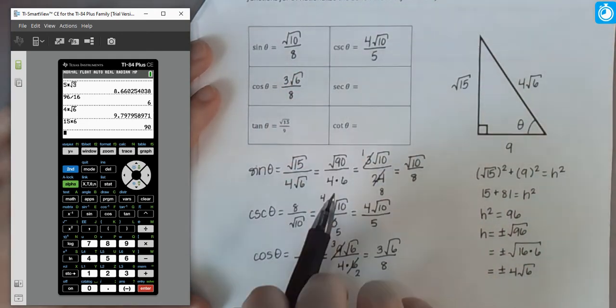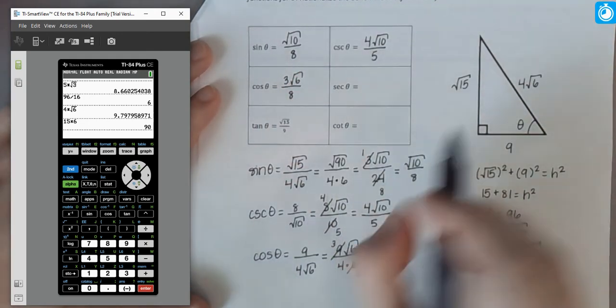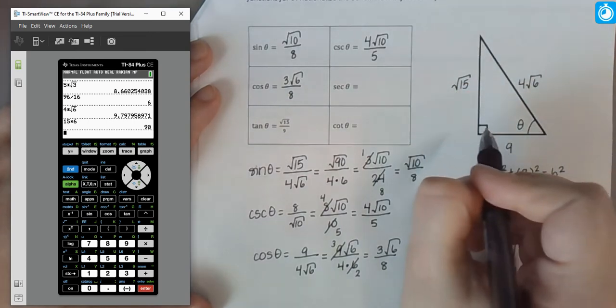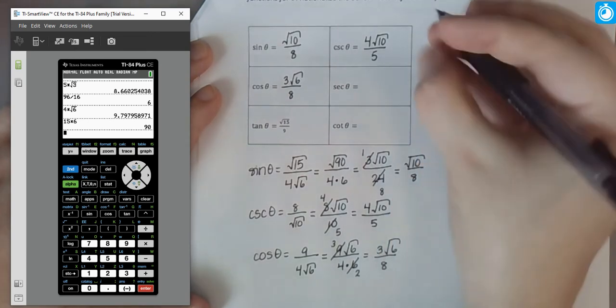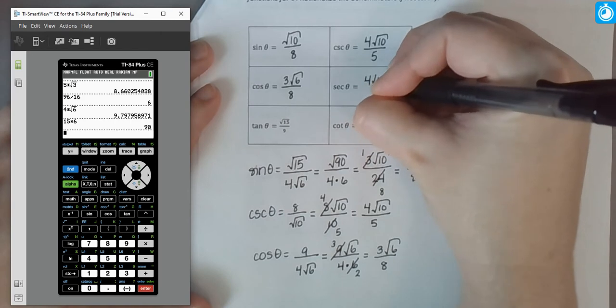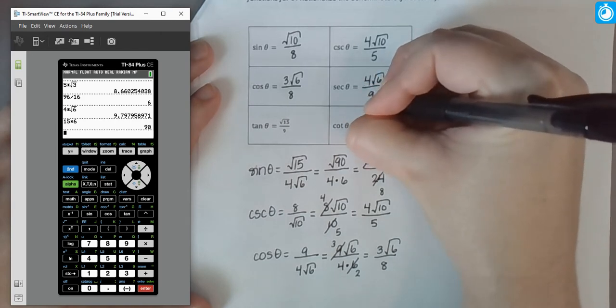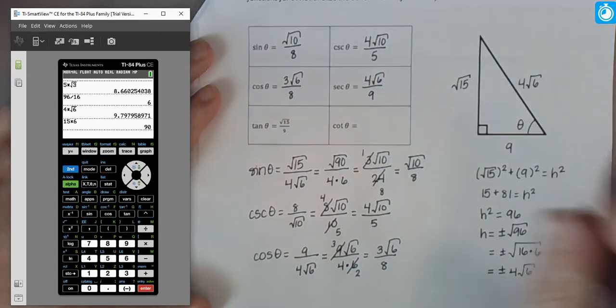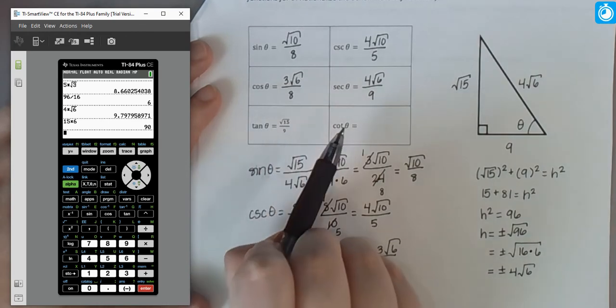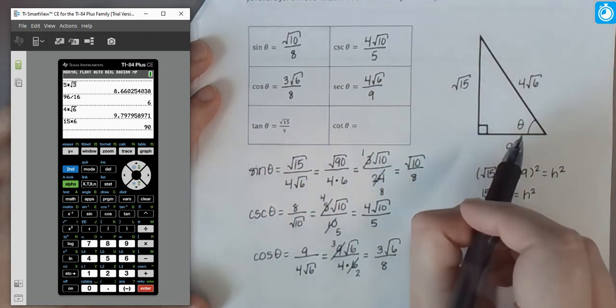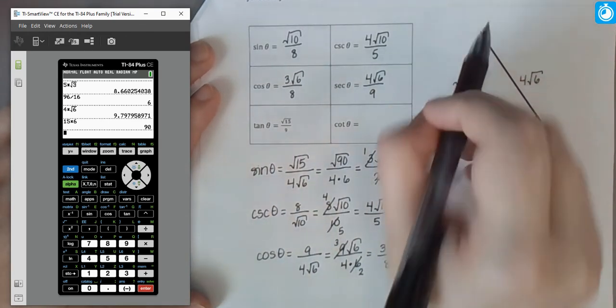Now secant is the reciprocal of cosine, so hypotenuse over adjacent, and as it turns out that one's already rationalized. So 4 root 6 over 9. We know our tangent. Our cotangent is the reciprocal of that, so adjacent over opposite.